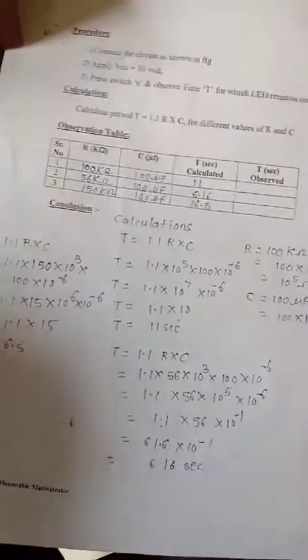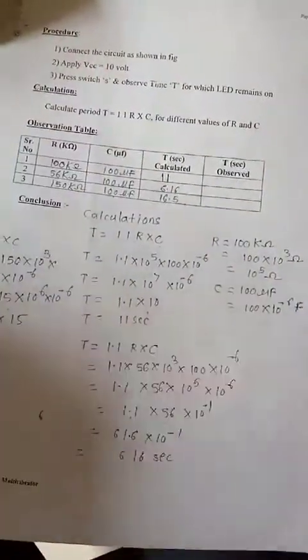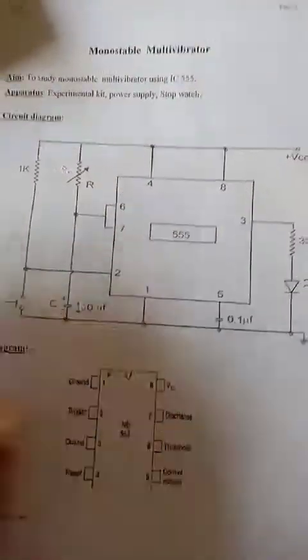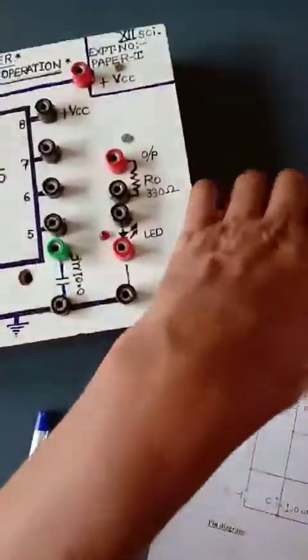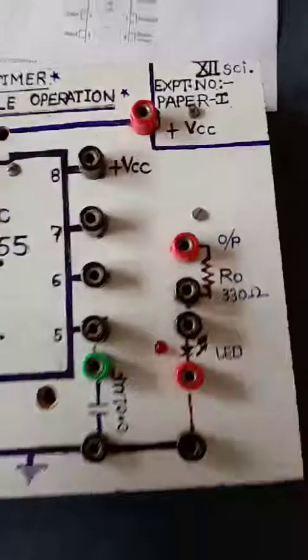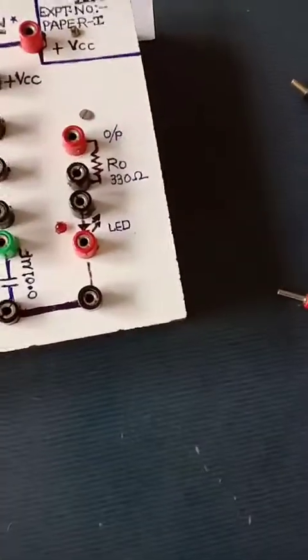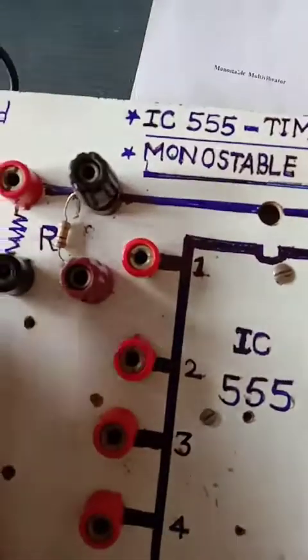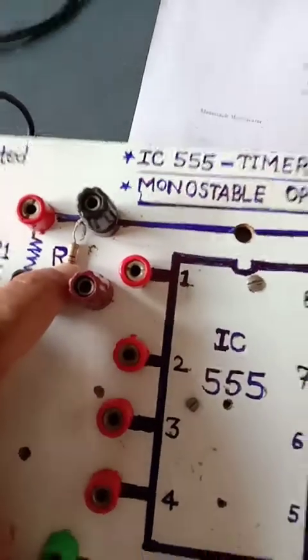Okay, so first, as per this circuit diagram, we have to make the connections. See here, this is the practical board and I am connecting as per this circuit diagram. Here I have connected R is equal to 100 kilo ohm.